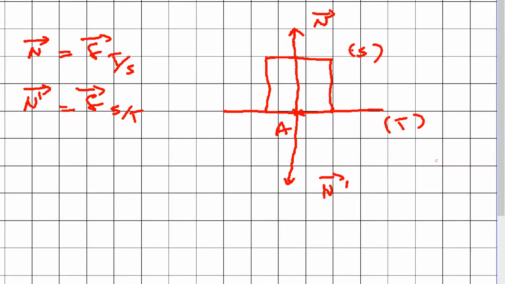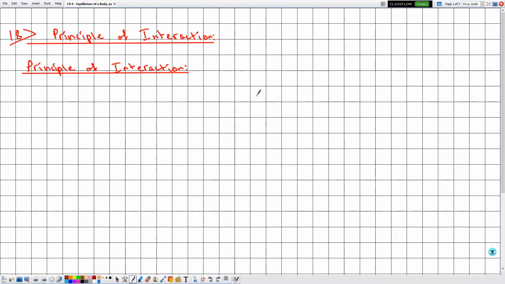The solid S will exert a force on the table T, and the table will exert a force on the solid S. Now I will state the principle of interaction. Throughout the examples, it will be clarified more.